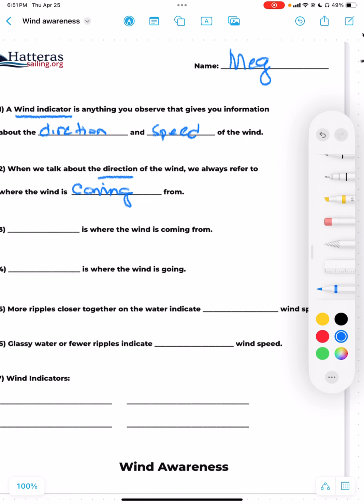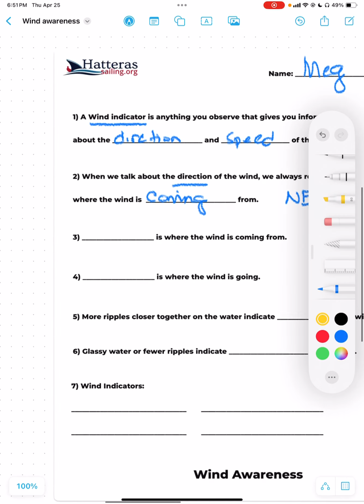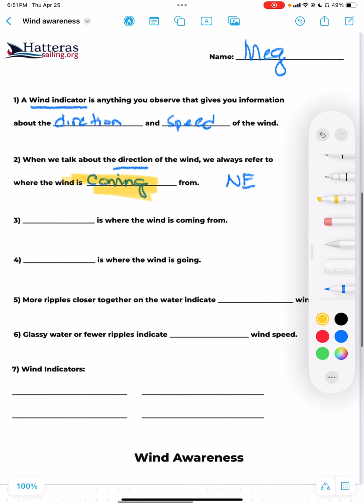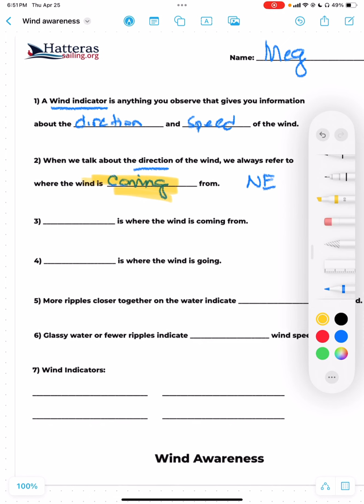You talk about the wind in terms of cardinal directions. You would say the wind is northeast. That means the wind is coming from the northeast, not going to the northeast. So you have to always remember it's where the wind is coming from.